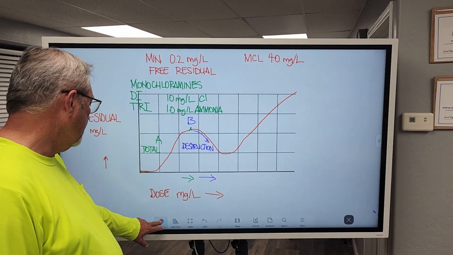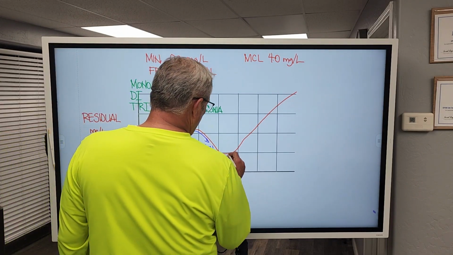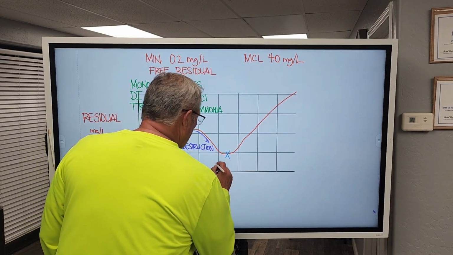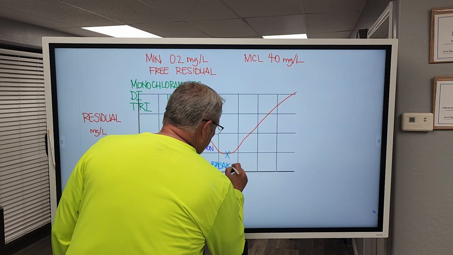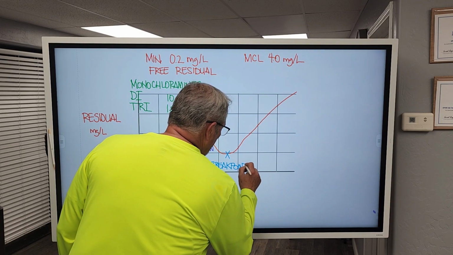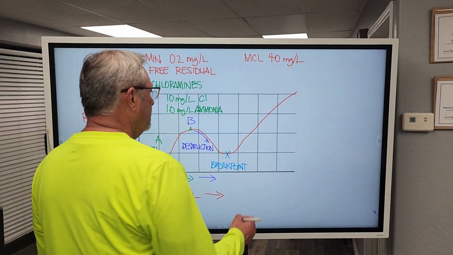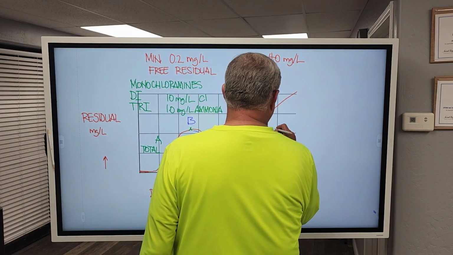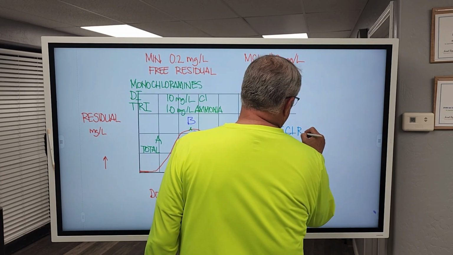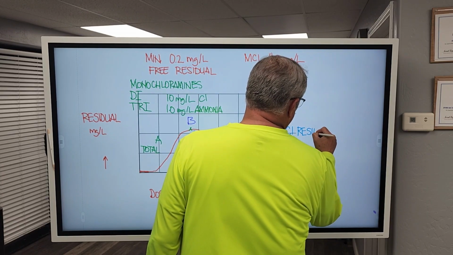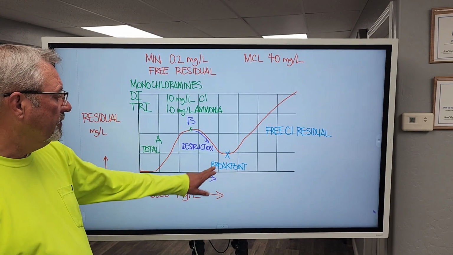We're increasing the dose, we're giving it contact time, and right at this point, which we call breakpoint, is when we start producing a free chlorine residual. But we don't know it yet.